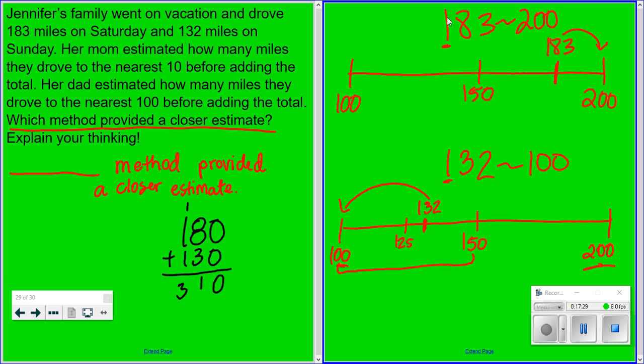Alright. Now we have to add. We have to take what Dad rounded and add them together to figure out the total amount. So we're adding 200 and 100.